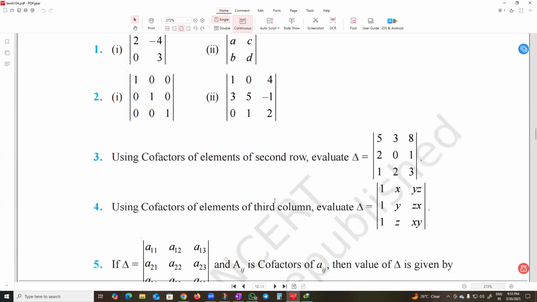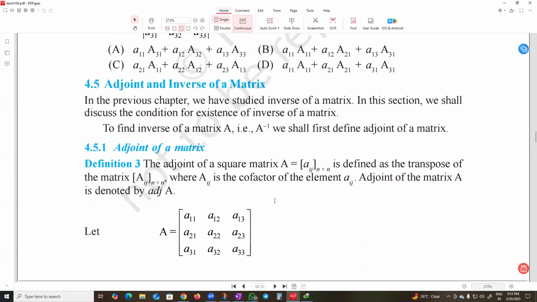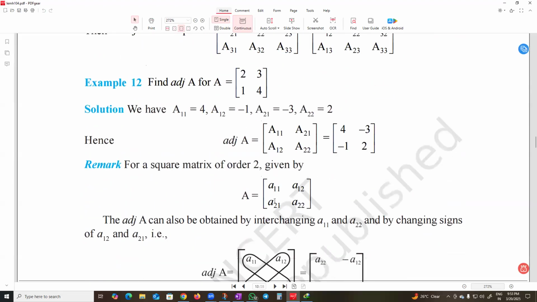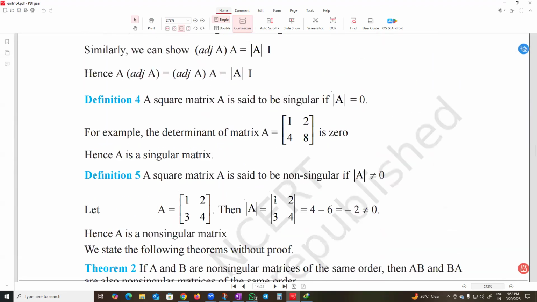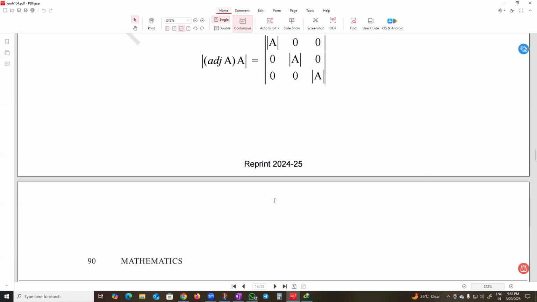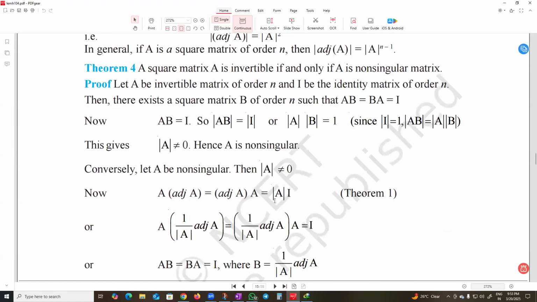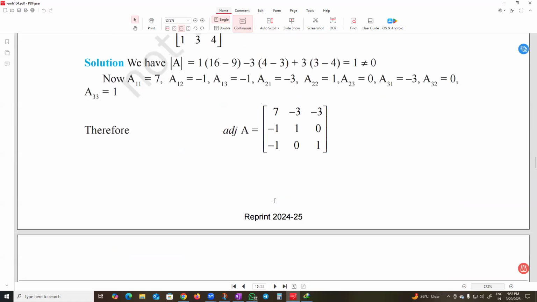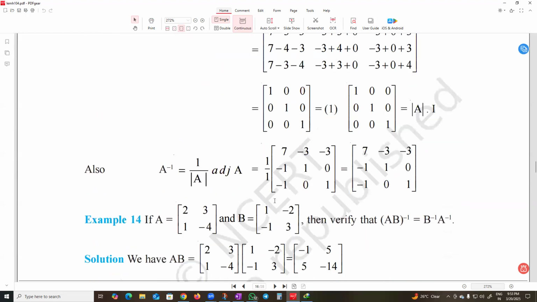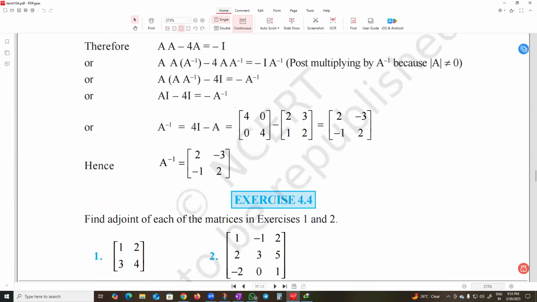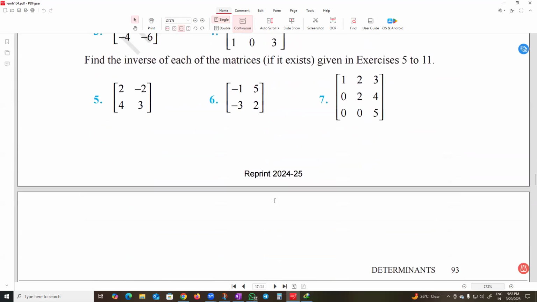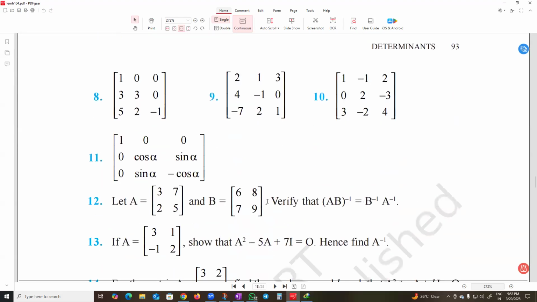Try yourself 4.2 and 4.3. And in the last class timings, I will try to finish the revision of this determinant. And later in the night class, we will take a look at sample papers, where you are feeling tough while solving them. Okay. You can ask doubts.